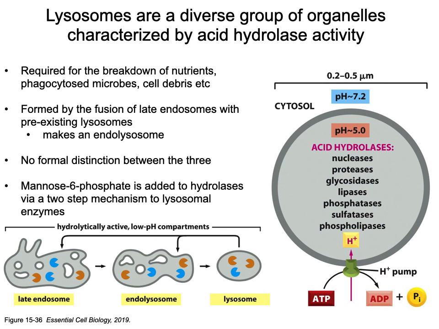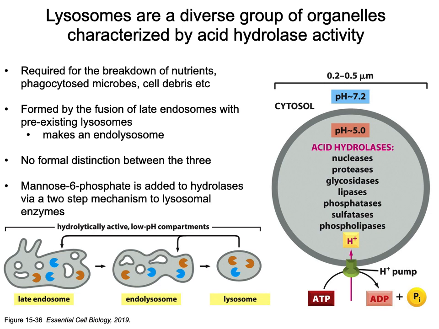In the figure to the right, you can see the different enzymes. There are nucleases to break down DNA, nucleic acids, proteases to break down proteins, glycosidases and lipidases, phosphatases. So we have all of these different enzymes that are going to help break down the material. These enzymes work best in an acidic environment.